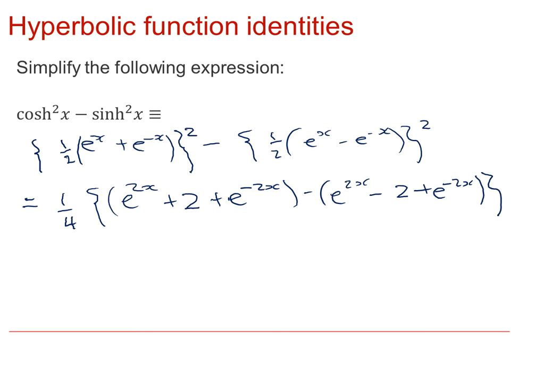You can see that the e to the 2x and the e to the minus 2x terms will cancel out, thus leaving us with a quarter of 2 plus 2, or 1.